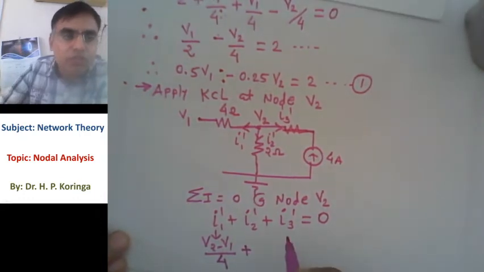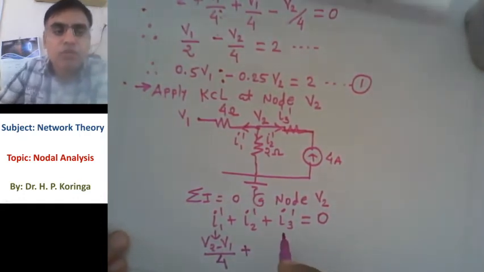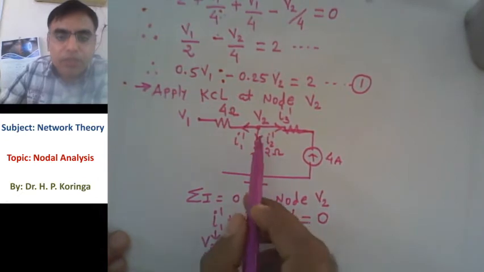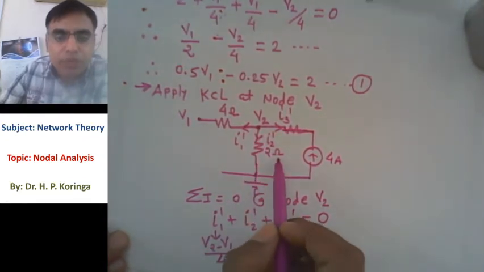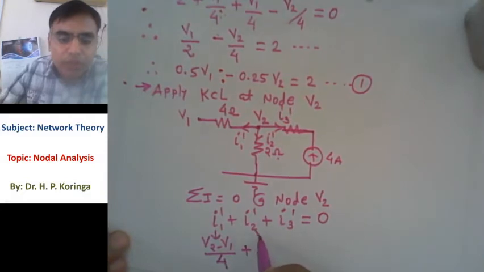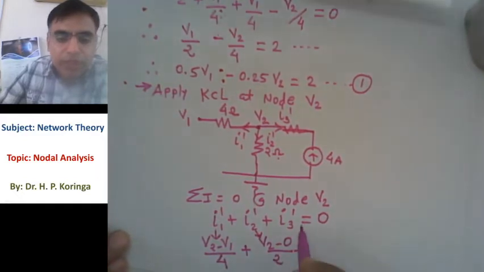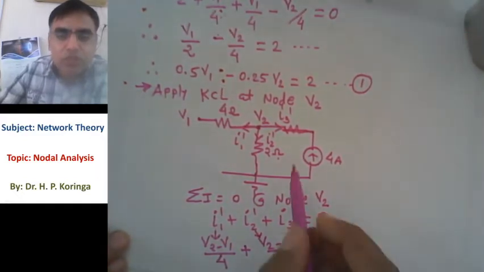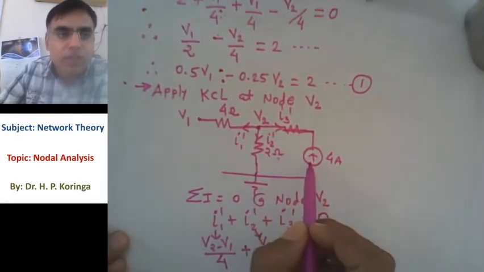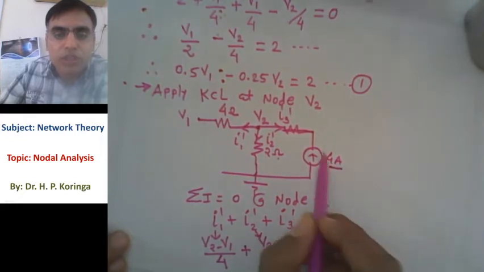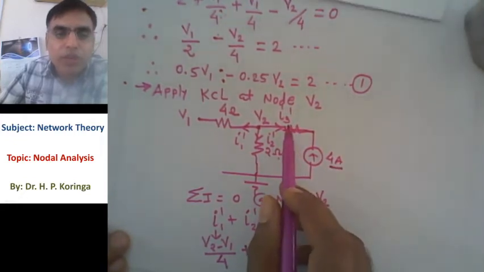V divided by R is equal to current I. Similarly, I2 dash is V2 minus 0 divided by 2. Then I3 dash: in this branch we have a current source, so whatever the value of the current source is the magnitude of I3 dash.